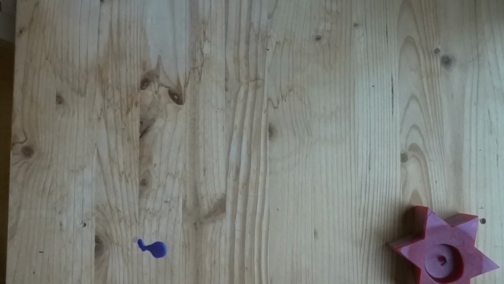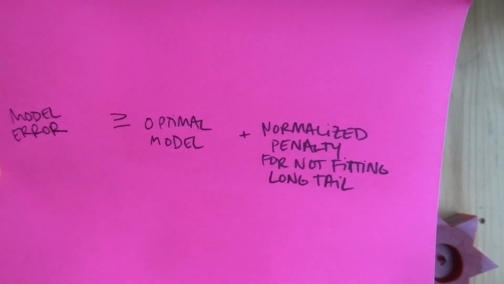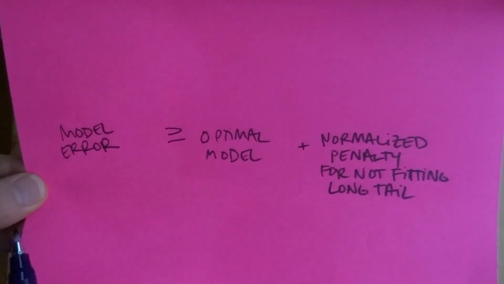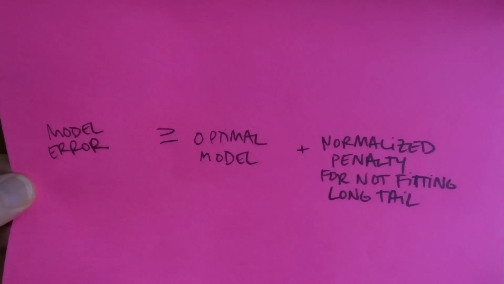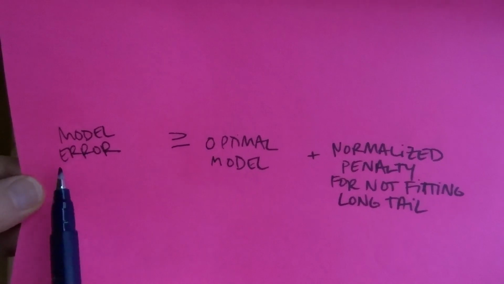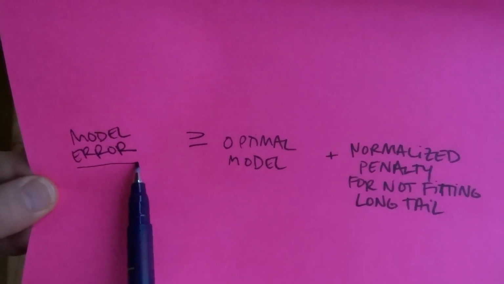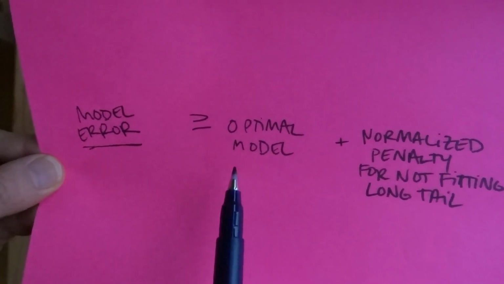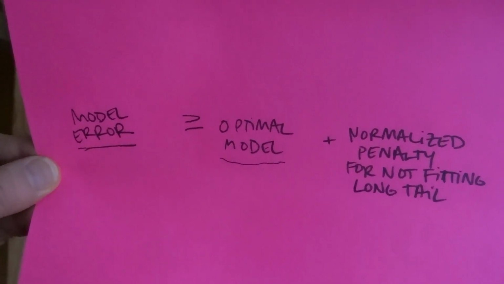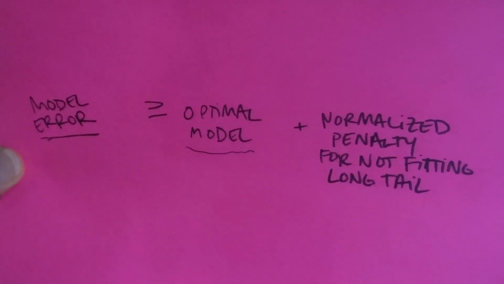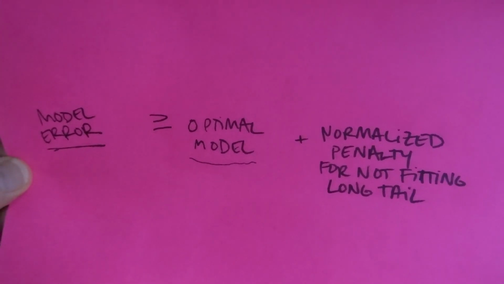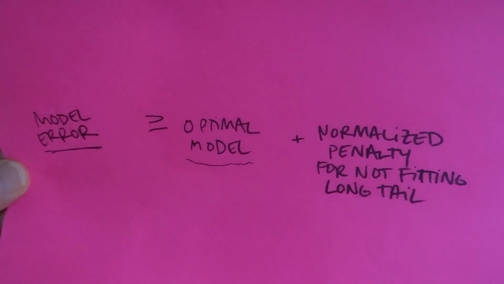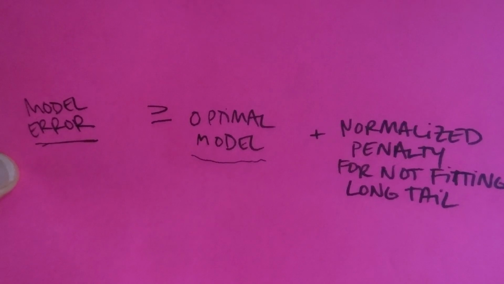And Vitaly Feldman actually proved this out theoretically, and then several people after him proved it out for all different types of models and distributions, that basically we have our model error. Remember, we're trying to make this as small as possible. And then we have our optimal model, right? This would be the most perfect model of all. We usually don't get there because it would probably be based on optimal data and optimal computation, which we don't always have.